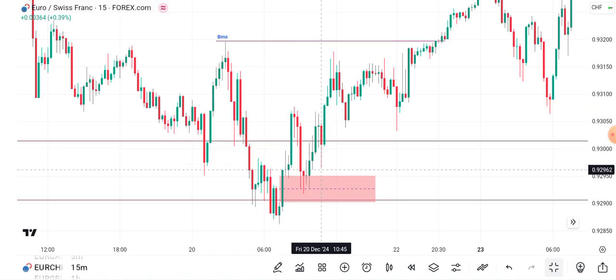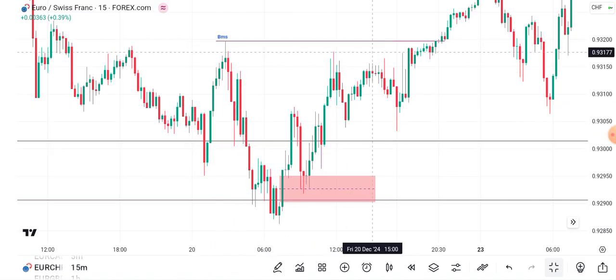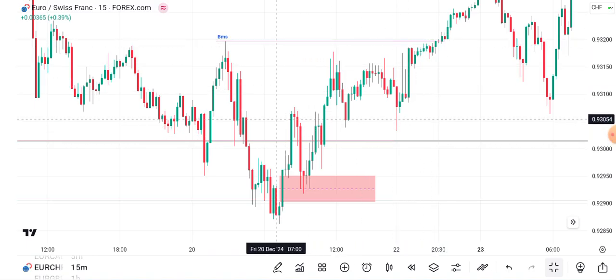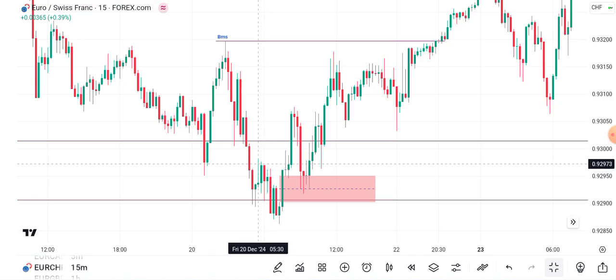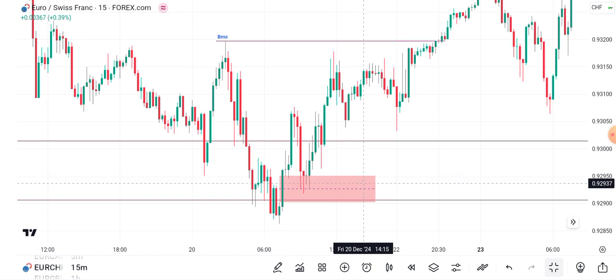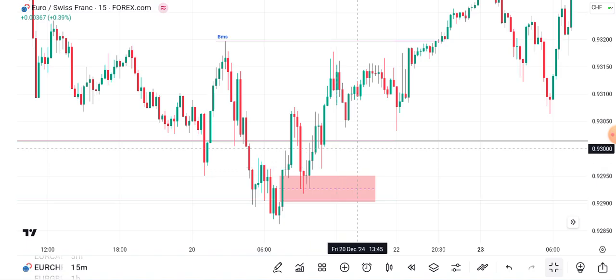So having seen that before this 1-hour high was broken through, we can see that after price broke this high here, price retraced into this little fair value gap that we can see on the 15-minute time frame, and then price began to what?